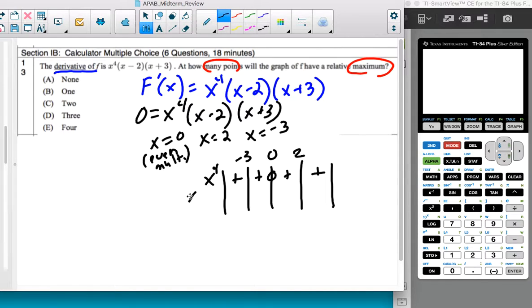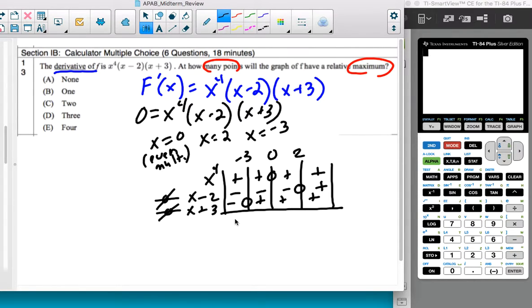X minus 2 is a line with a positive slope, so it's 0 at 2. It'll be negative before it's 0 and positive after. And x plus 3 is 0 at negative 3. Again, this is a line with a positive slope, so it's negative before it's 0 and positive after.